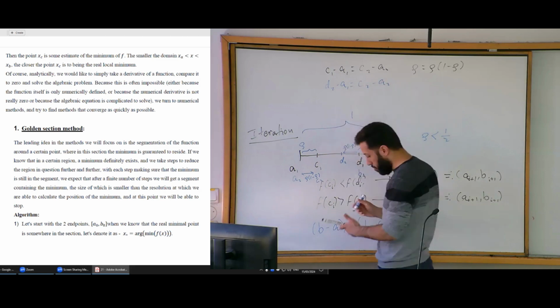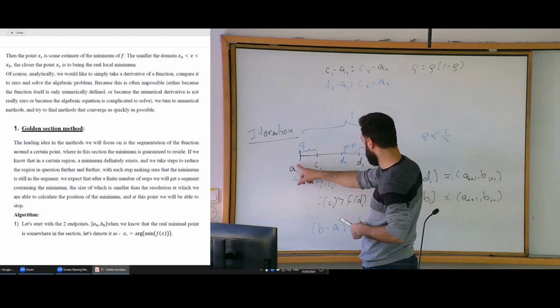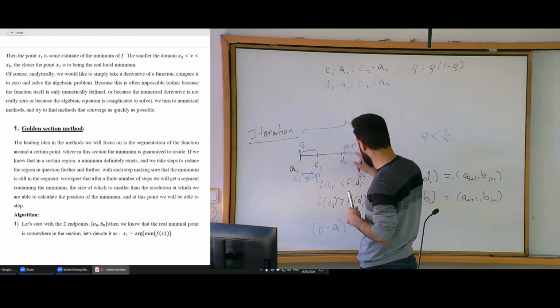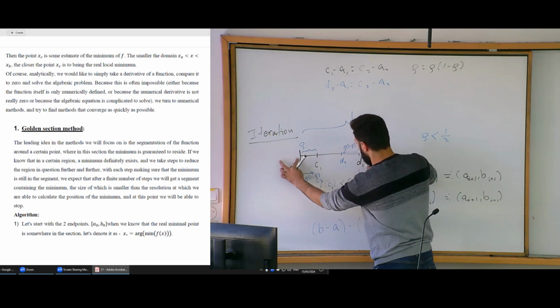So what is D2 minus A1? If this is rho multiplied by 1 minus rho, all of this is 1 minus rho. And this is rho multiplied by 1 minus rho.